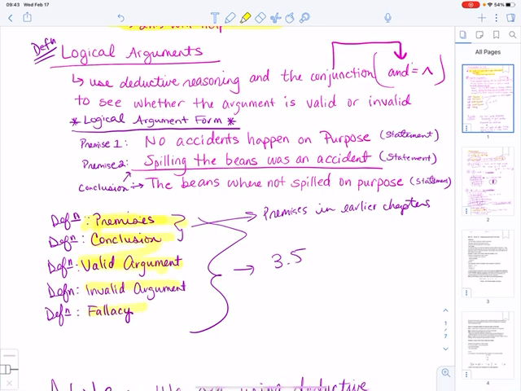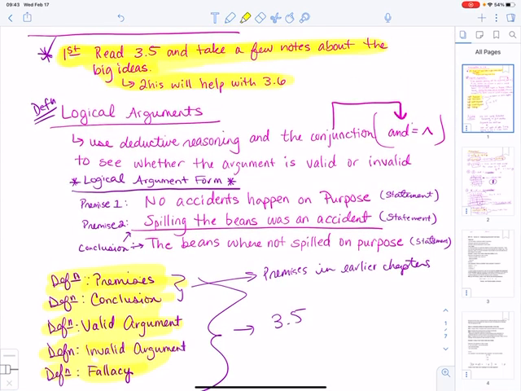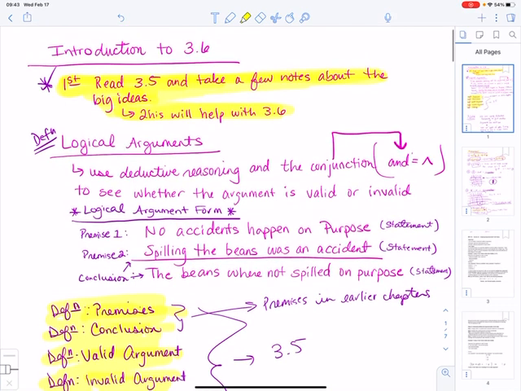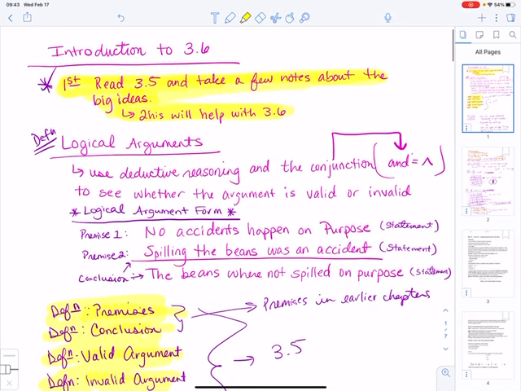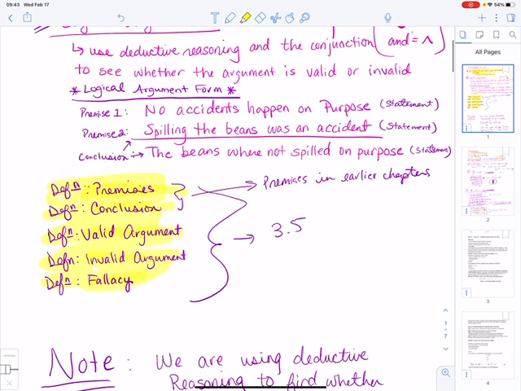Really take those away, and you can just read over the other stuff to get your toes wet with using Euler diagrams, but you're not going to be required to turn these notes in or even know how to do an Euler diagram when seeing whether or not an argument is valid. But this will help you if you read it, and you definitely have to read it to get at least these definitions, because these are big ideas.